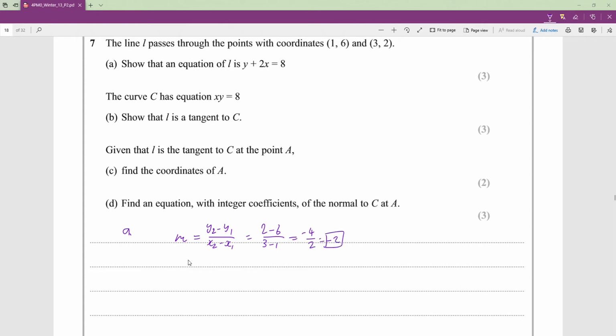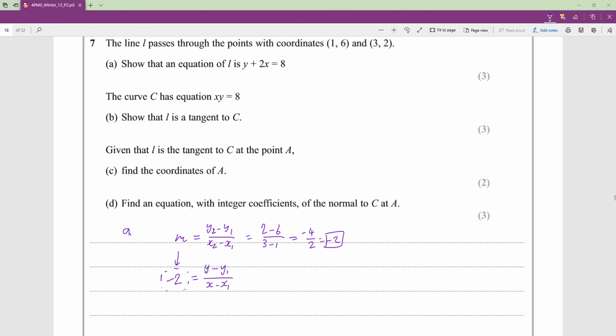And at this point, what we can do is let the equation of the line, if we just look at one of the two points, such as (1, 6), be that gradient, m is equal to (y minus y1) over (x minus x1).